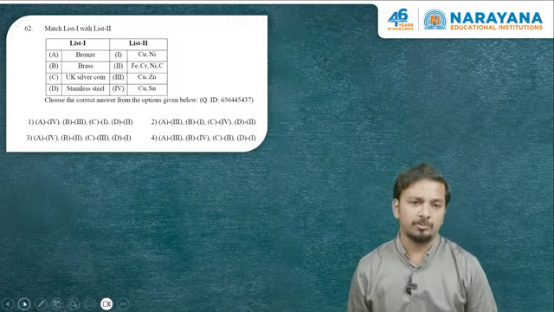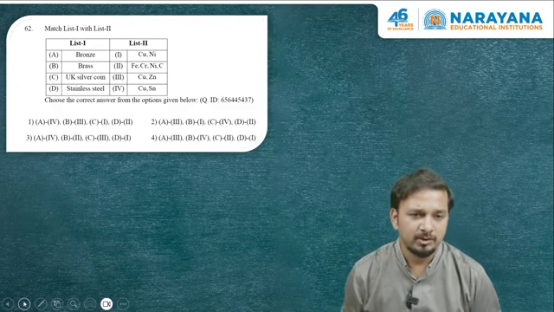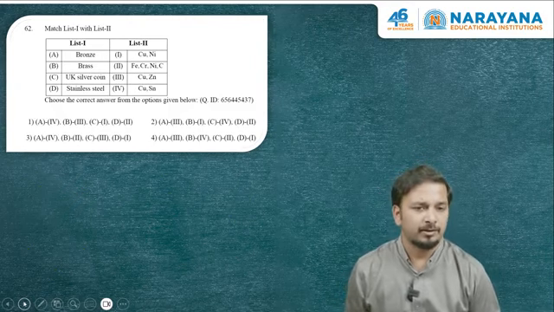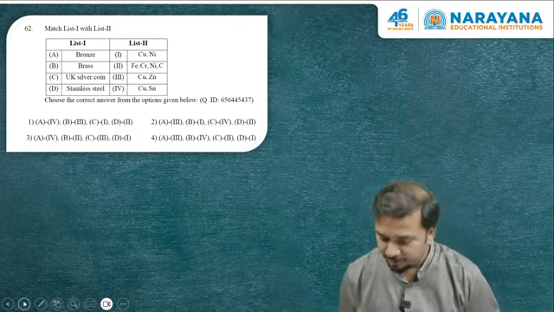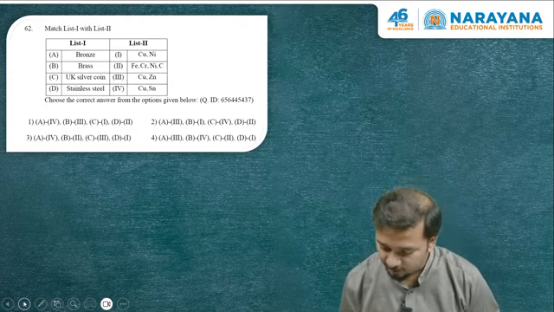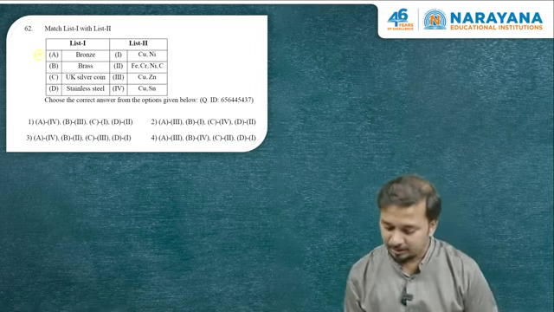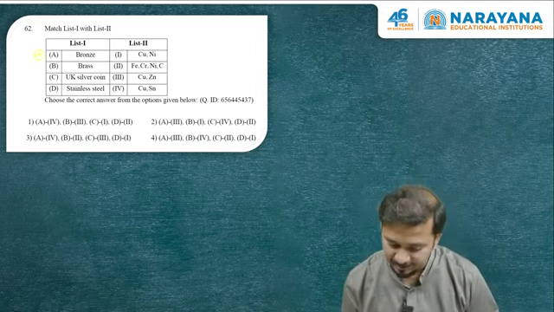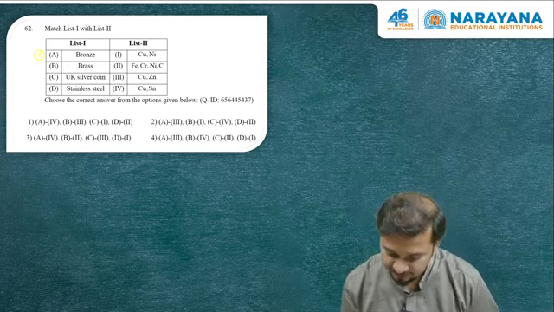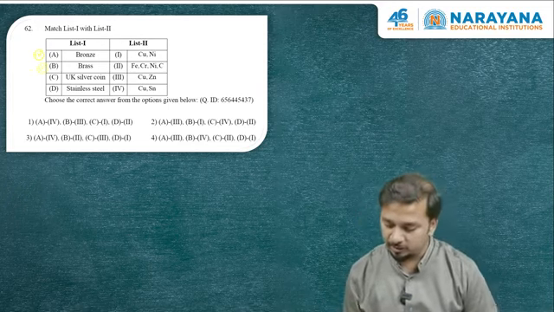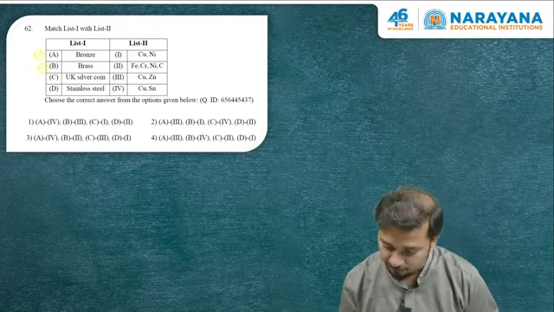Moving to next question. They have given two lists and we have to find the correct match. So, bronze is an alloy of copper and tin. So, A is 4. Brass is an alloy of copper and zinc. So, B is 3. UK silver coin is an example of alloy of copper and nickel.